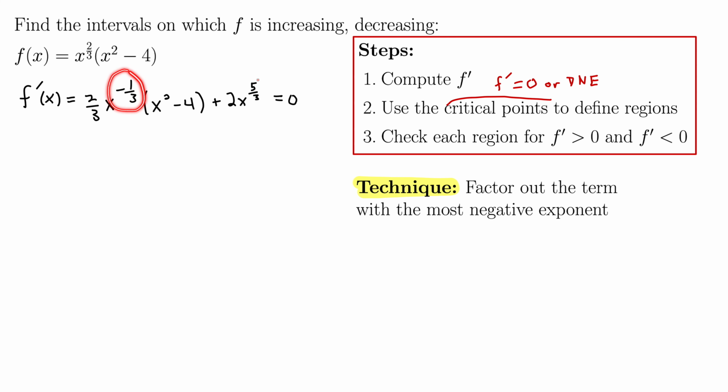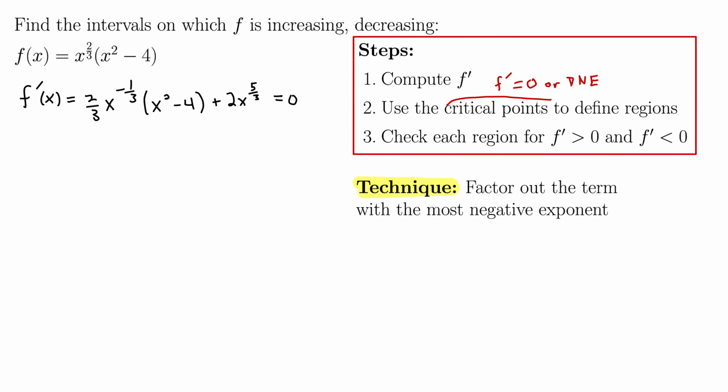We have negative 1/3 and 5/3, so clearly negative 1/3 is the most negative. Sometimes you get one where they're both positive, so just choose the smaller of the two. That's technically the most negative if you picture these things on a number line. We can think of it as the one furthest to the left on the number line is the one that you factor out.